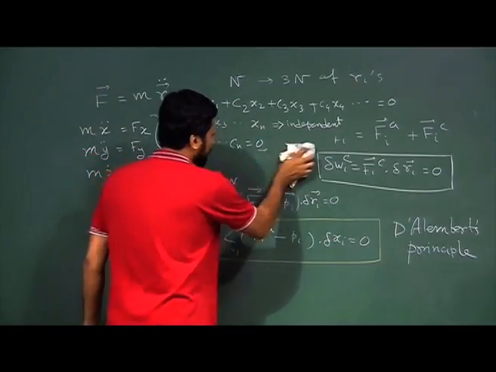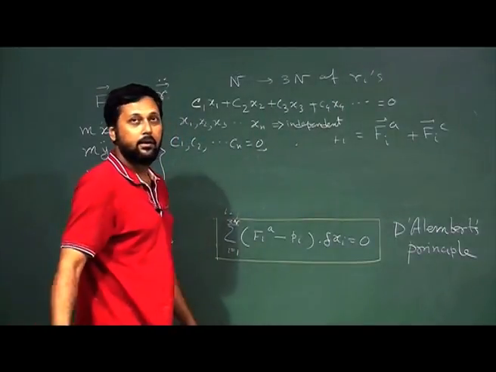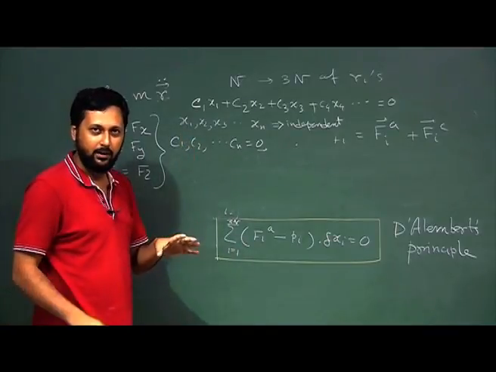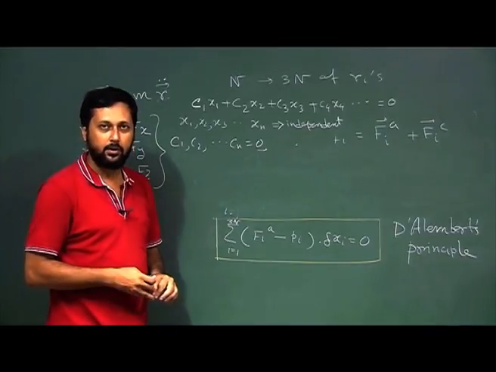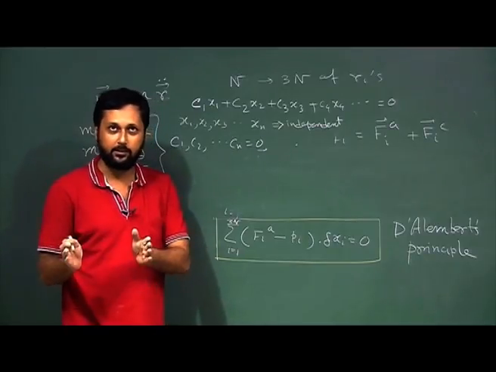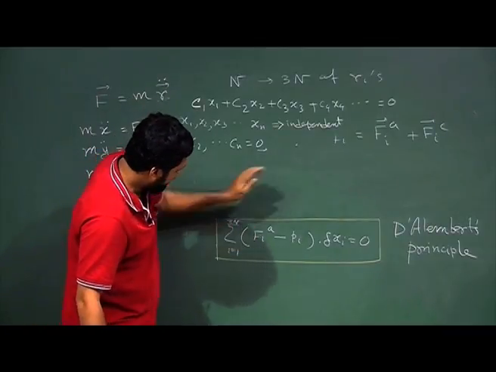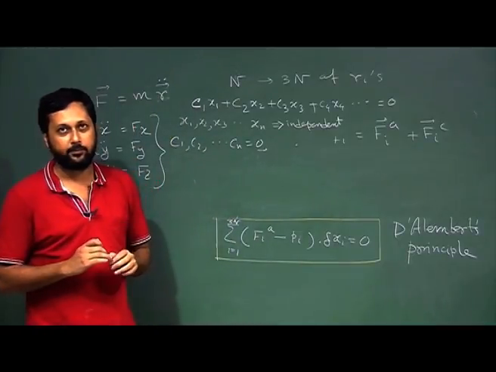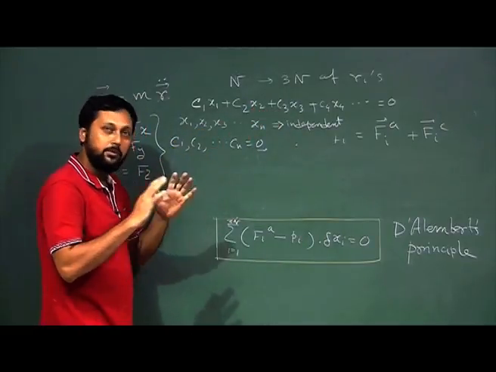This is a very basic condition for linear dependence and linear independence from your linear mathematical methods course. I am pretty sure you already know how to define a linearly independent system of coordinates. What we are trying to say is that although we have 3n coordinates, they are not independent, because the system is not free.